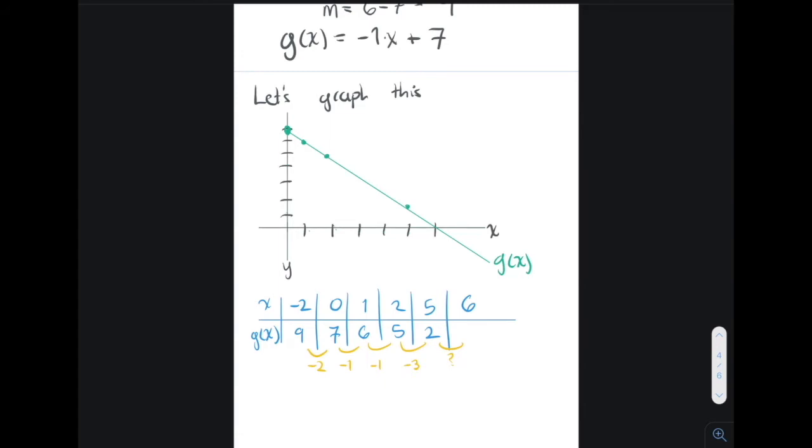Here, when we introduced slope as rate of change, we can see that if the x value increased by 1, the y value decreased by 1. And here, there is an increase of x by 3, and so there is a decrease in y by 3. And an increase by 1, decrease by 1. All of that points to the slope being -1, which is again what we found using two different methods.